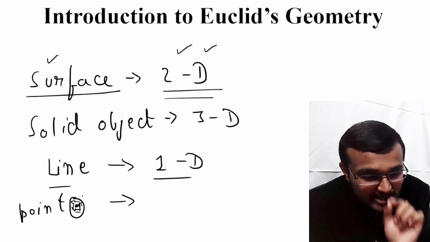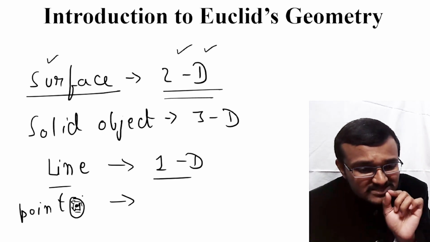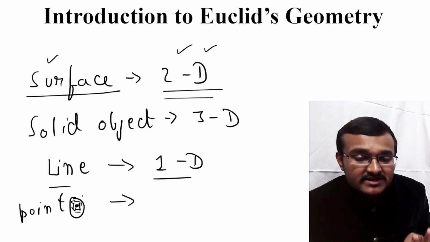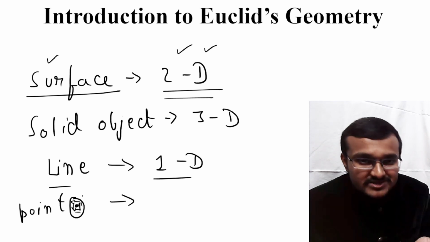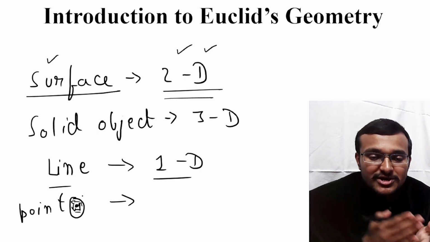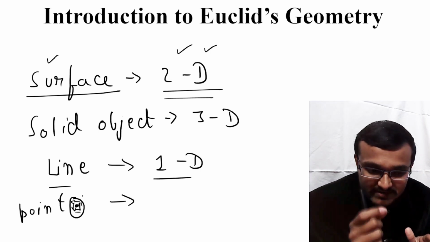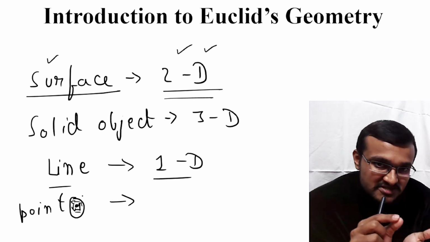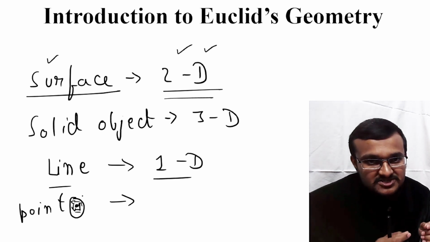So on a very small level, this point also has some dimension. But in order to make calculations easier, we assume that a point is dimensionless, a line is one dimension, a solid object is three dimension, and a surface is two dimension. But remember, logically a point also has some dimension, which we neglect during calculations.